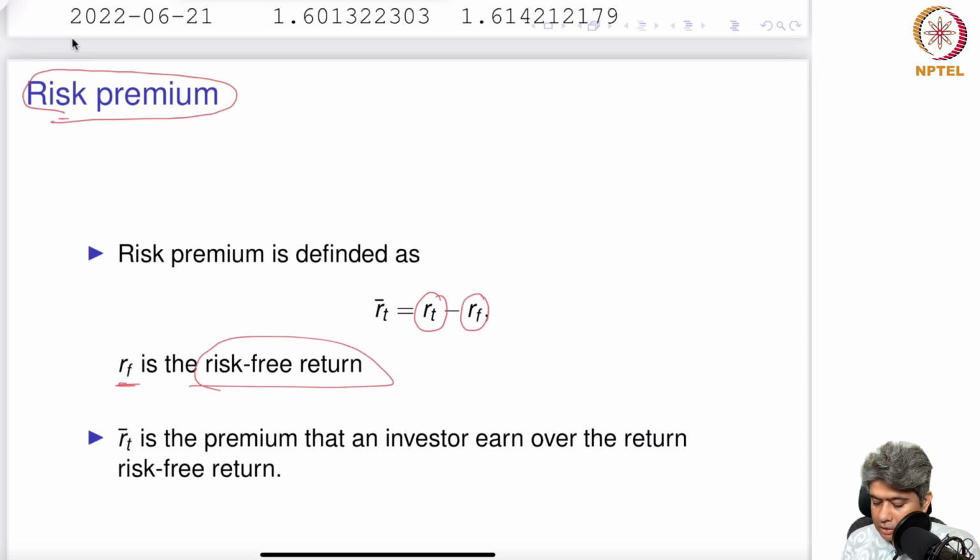So this risk-free return RF is kind of guaranteed. Then RT minus RF is the premium that you are getting because you are taking risk for investing your money in Reliance Industries.